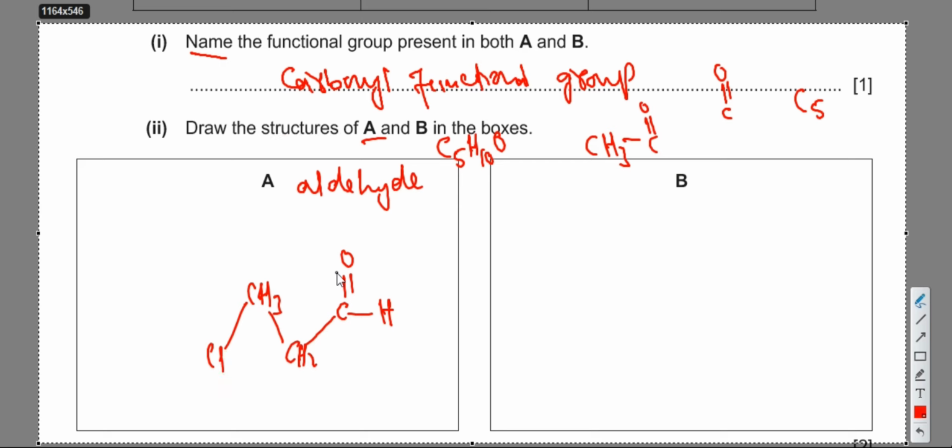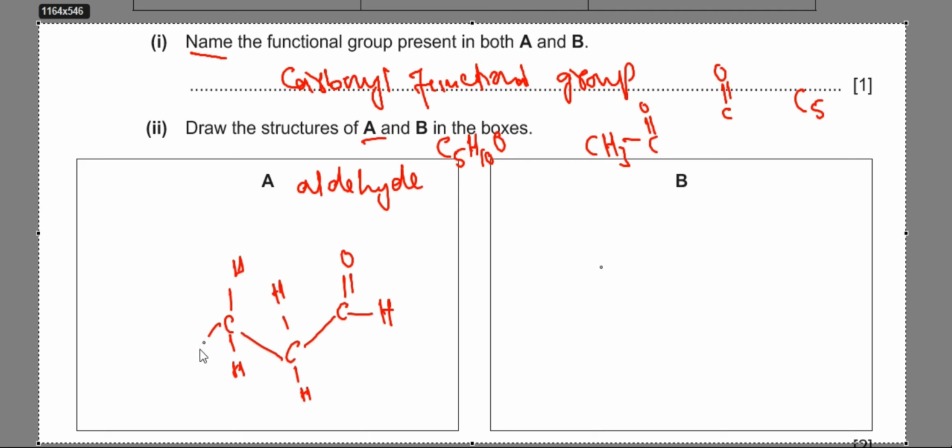Let me open it here. So it should be C, H, H, then C, here H, C, H, and finally CH3, like this. So you have to show it like this, 1 2 3 4 5.